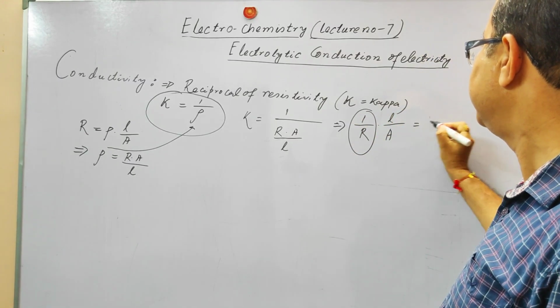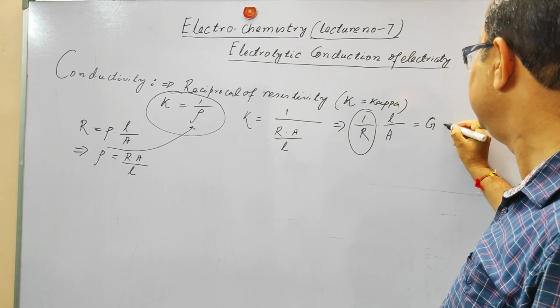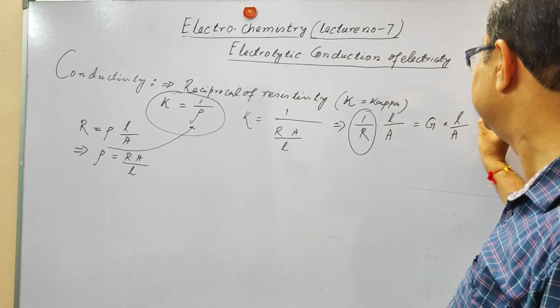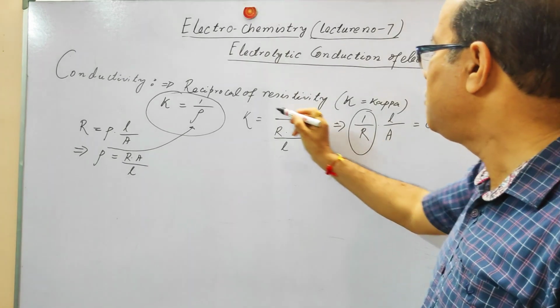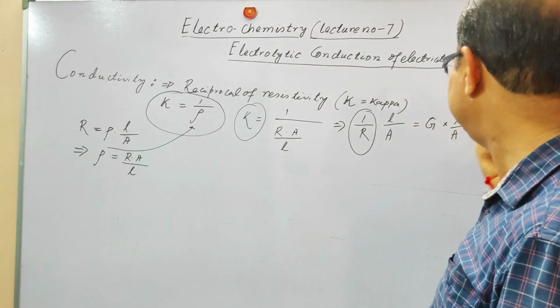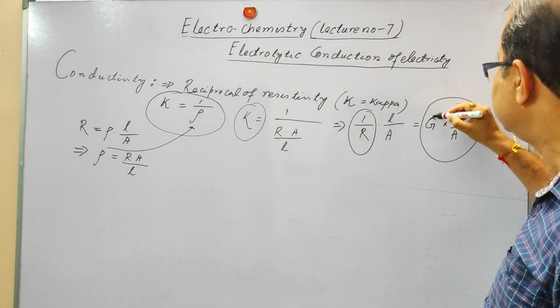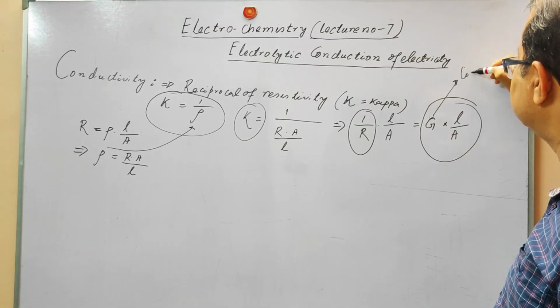So we can write G into L by A. So kappa is basically G into L by A, where G is the conductance.